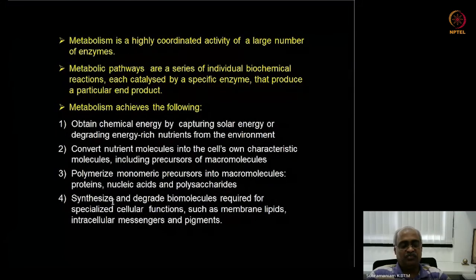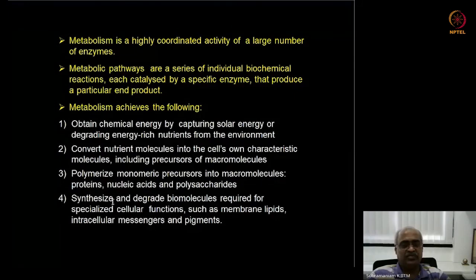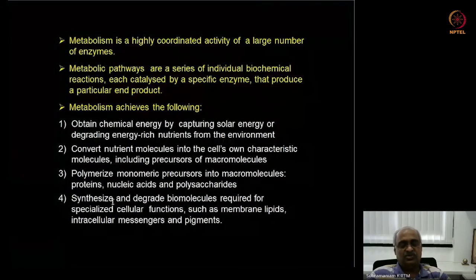So therefore it is delta G being negative, and therefore there is free energy release, meaning the ground state of the product, its energy content is lower than the energy content of the substrate. So through that process you get chemical energy.